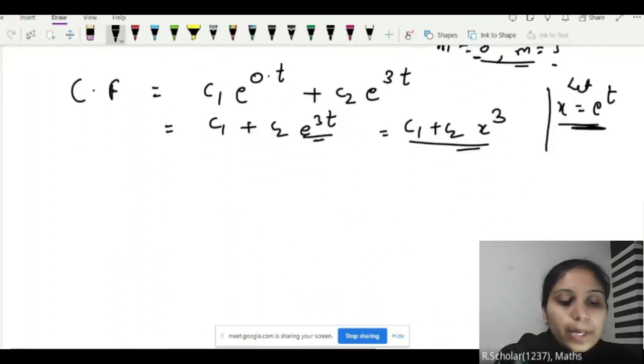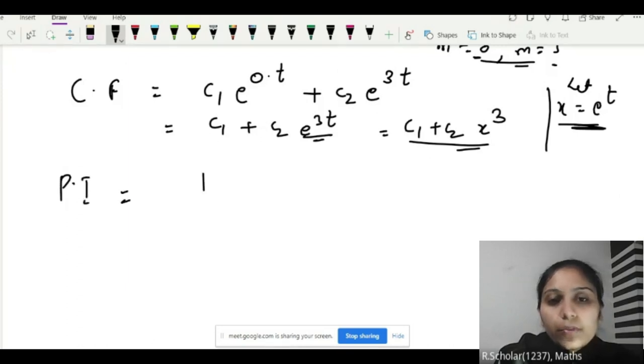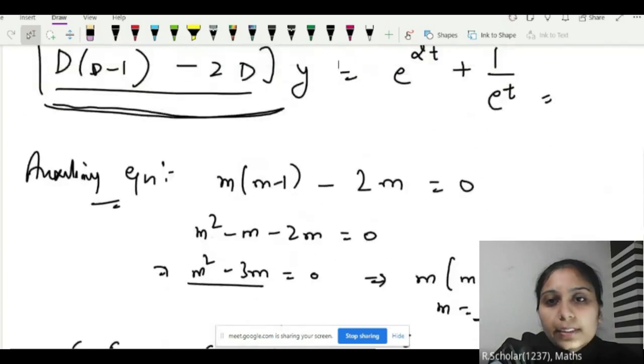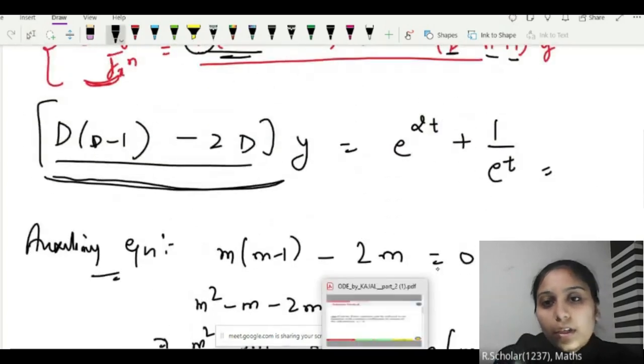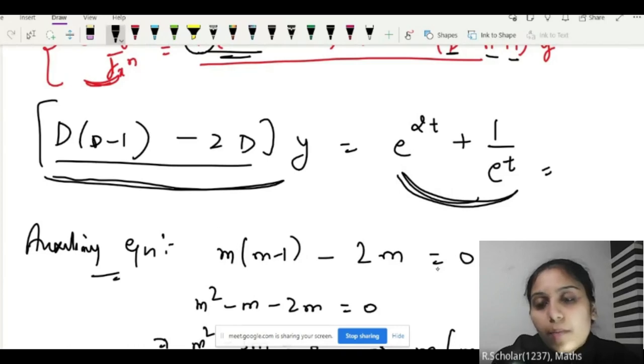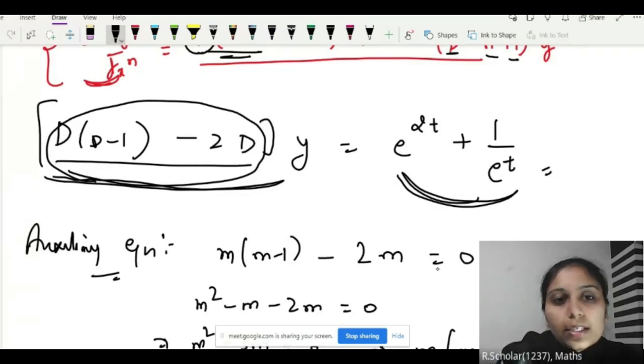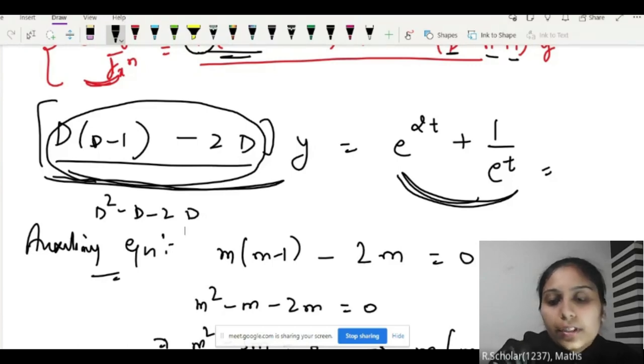Similarly, we find PI, the particular integral. For finding the particular integral, we write 1 upon f(D) into that non-homogeneous part. So here we have the non-homogeneous part in the converted equation of t as e^2t plus 1 upon e raised to power t, and this is our f(D), which is D square minus D minus 2D, or we can write it as D square minus 3D.